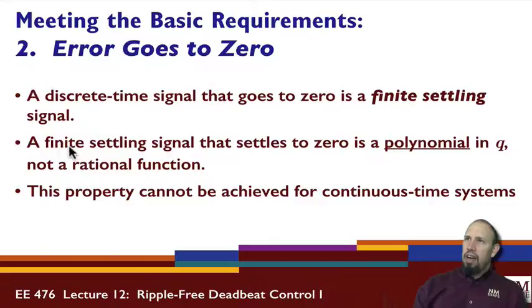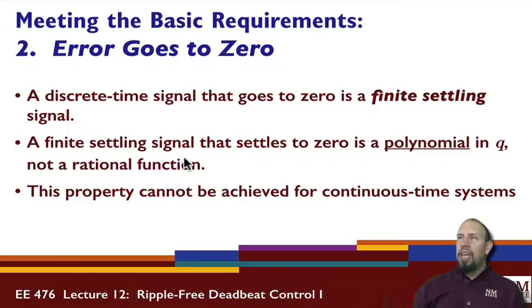Okay, so a finite settling signal that settles to 0. We also talked about finite settling signals that don't settle to 0. It settles, but to some other value. So one that settles to 0 is actually a polynomial.